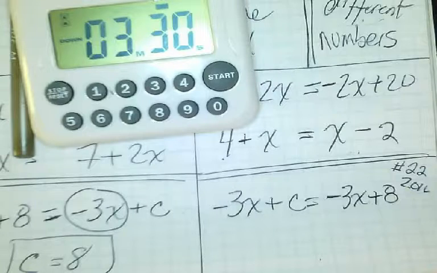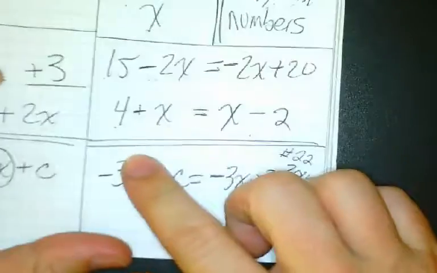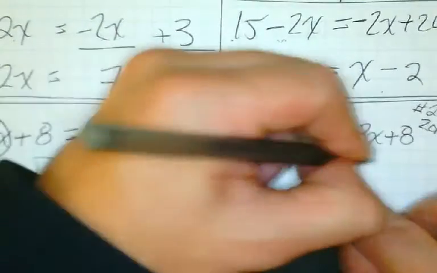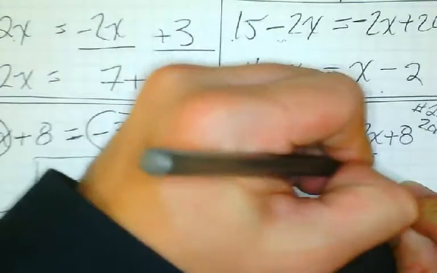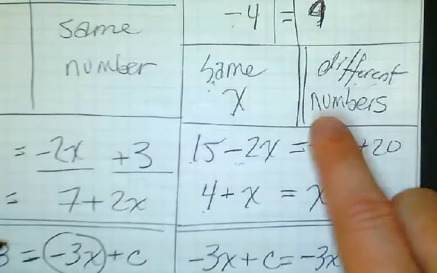Okay. All right. So let's make sure that we've got this. We know that we're going to need same x's and different numbers. So we have the same x's right here. We have negative 3x and negative 3x. That part's good. But we need different numbers.